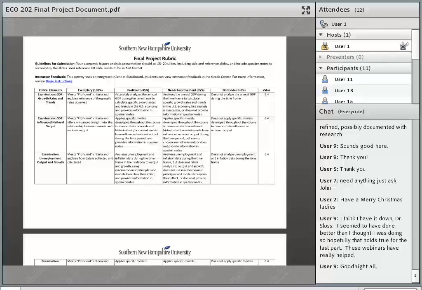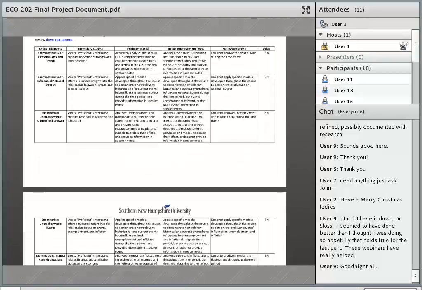So read your feedback, look at your own work, and then look at the exemplary column if you got proficient on your milestone, and see, does my work really match up with the exemplary? Or do I need to do something more on my final draft to get to this exemplary level? So that's the case for each of the critical elements. So that's a pretty decent amount of work in and of itself.